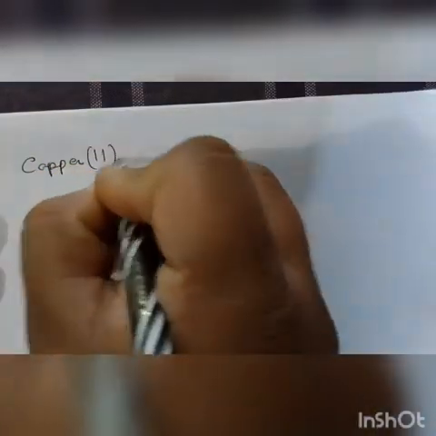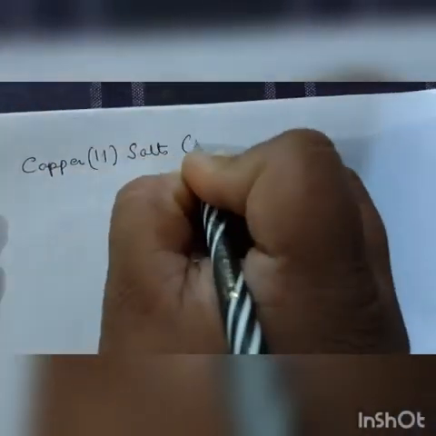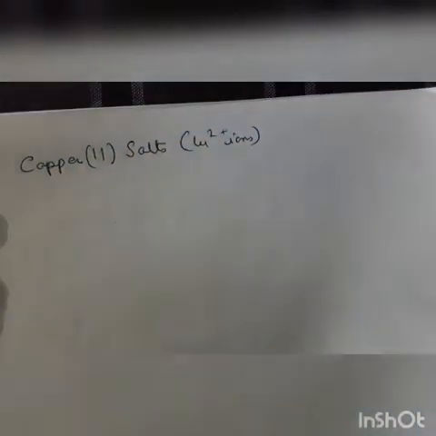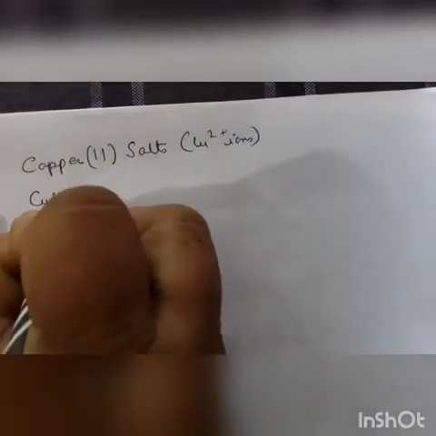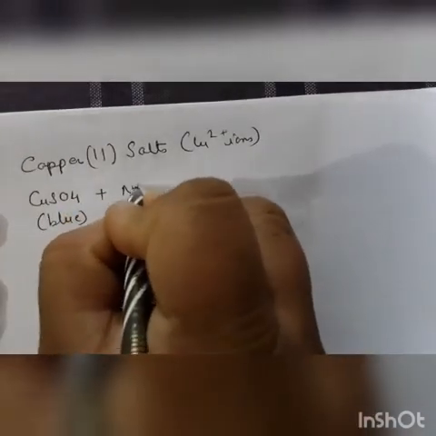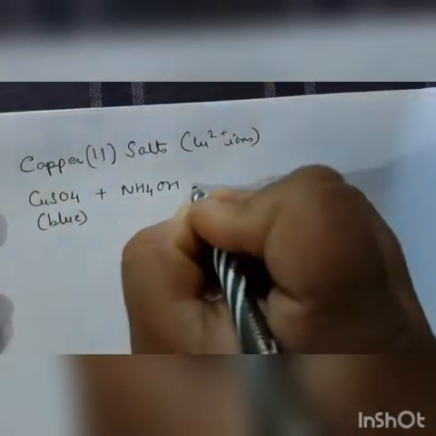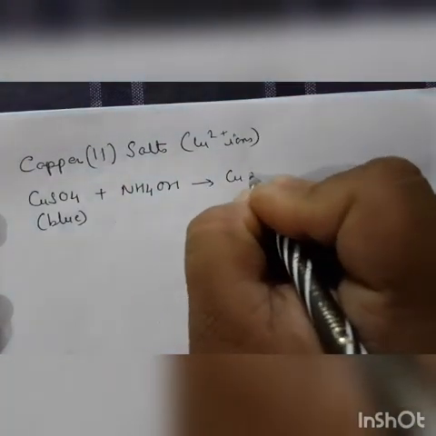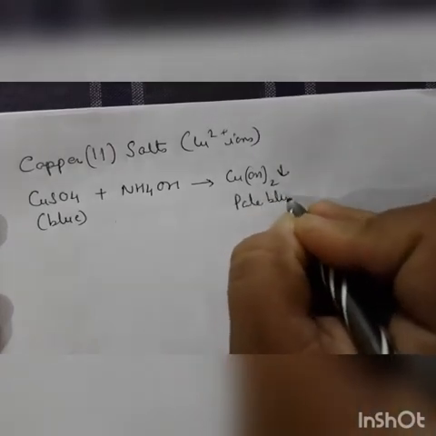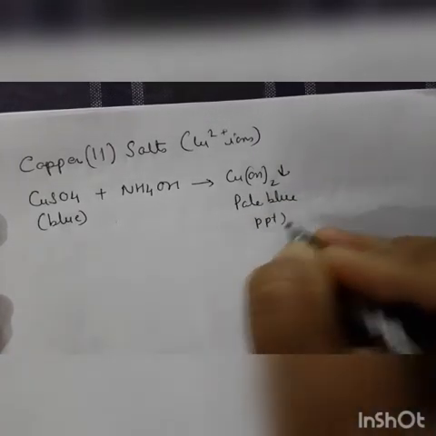Now we will react copper second salts with ammonium hydroxide. Now we have taken copper sulfate, which is blue, and we have added ammonium hydroxide, which results in the formation of pale blue PPT.